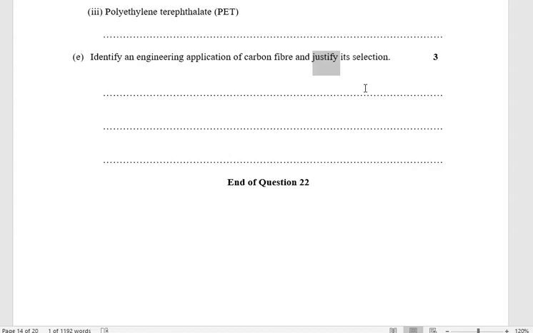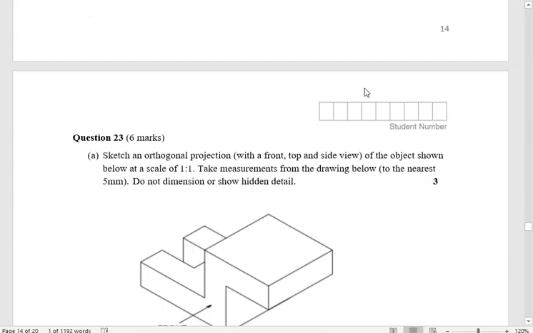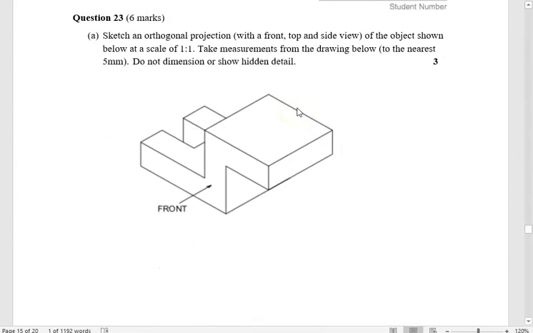I think I was fairly generous. If you felt as though I wasn't generous to you, let me know, and maybe we can get you an extra mark. For the sketches, what I've been told to do is draw an orthogonal projection with a front, top, and side view of the object shown at a scale of 1 to 1. 1 to 1 means at the same size as what's drawn. I've said that it needs to be within 5 millimeters for accuracy, so to the nearest 5 millimeters.